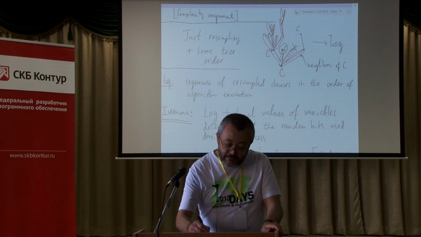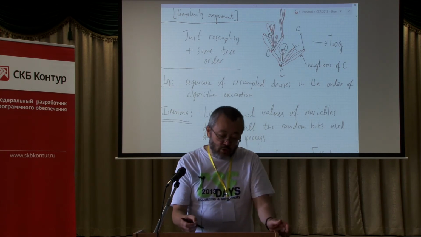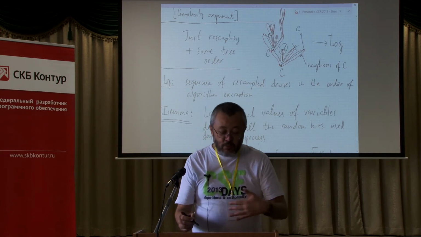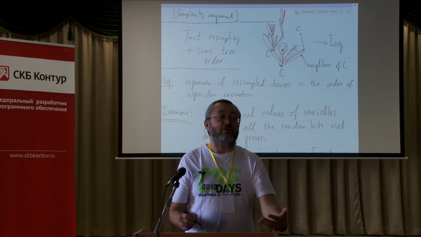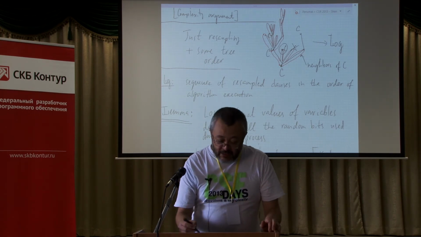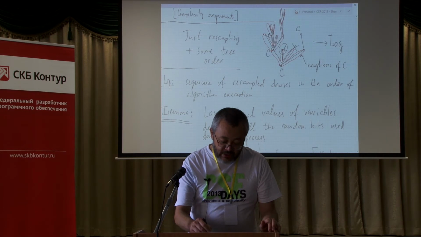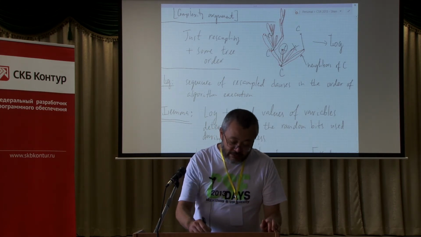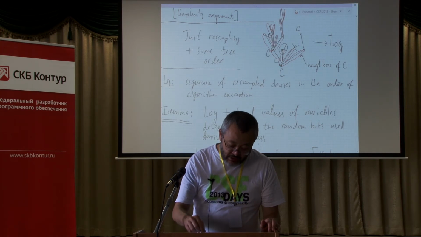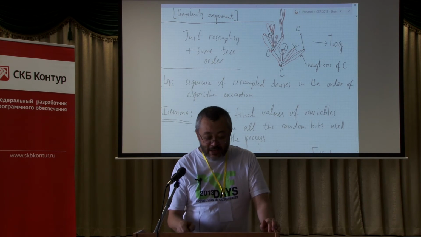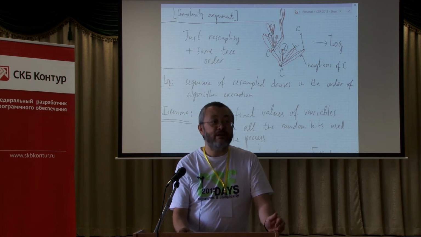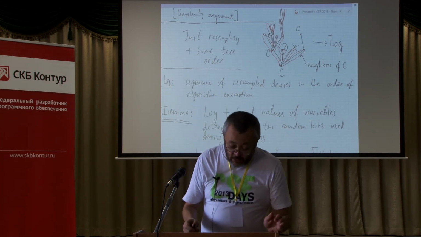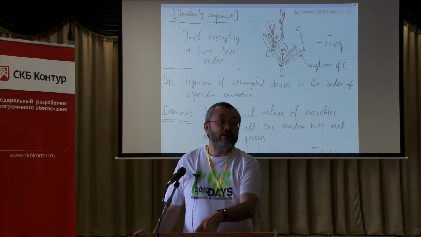This tree shows which call was caused by which other call. If we follow this recursion call tree in this order, then we get our log. So the tree determines the log.